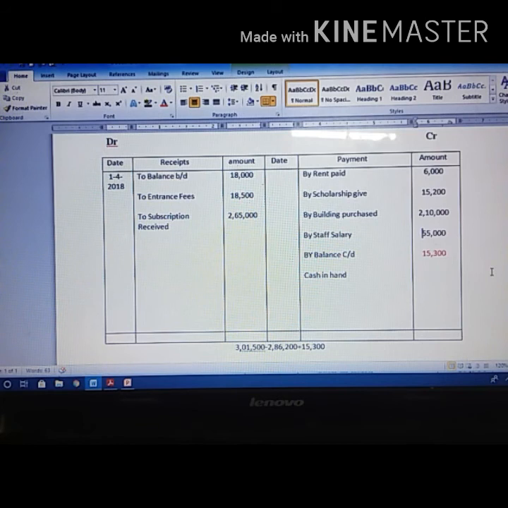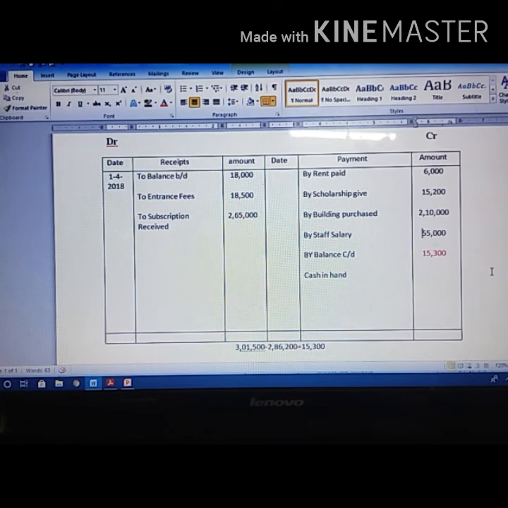Likewise on the credit side also you have to put the date in the date column, in the particulars column you have to write the payment, and in the amount column you have to write the amount. Then you must write one by one what items come under the debit side and what items come under the credit side. After adding all the amounts, you have to add the debit side separately and the credit side separately.